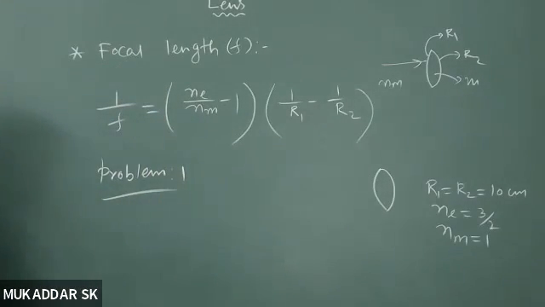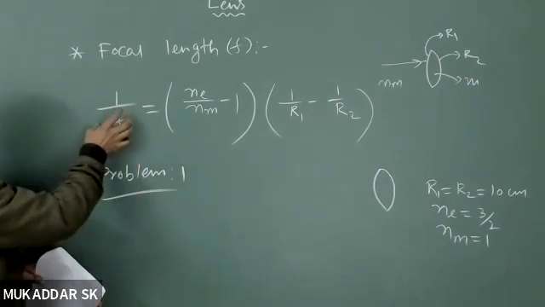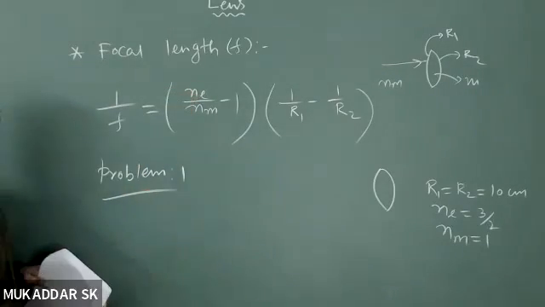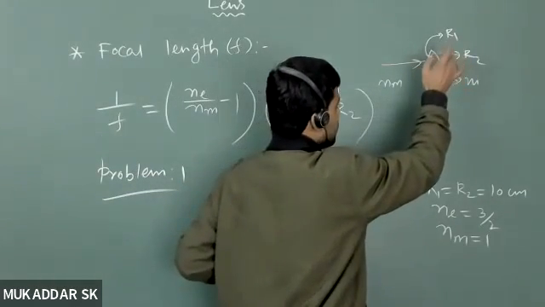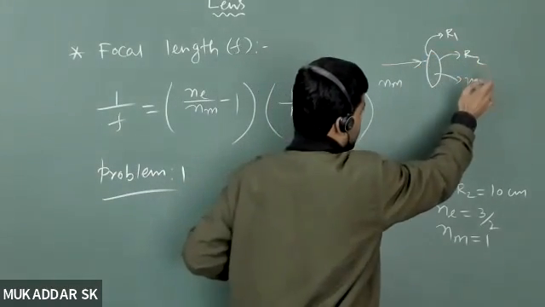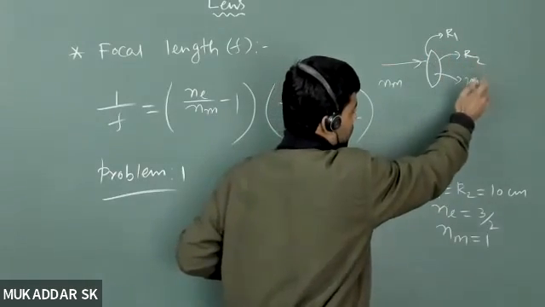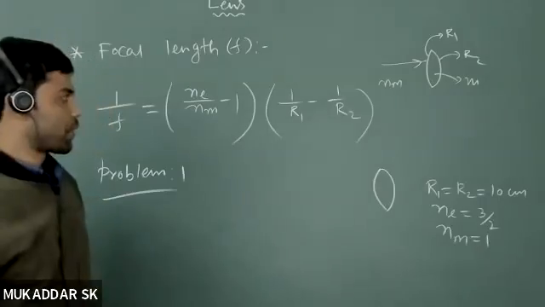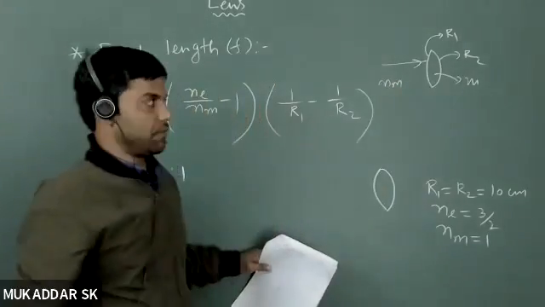So what I said, from this formula you can calculate the focal length of the lens. Suppose you have a convex lens, and this lens has a refractive index NL. The refractive index of this lens is given, that is NL. And this lens is surrounded by a medium having refractive index NM.